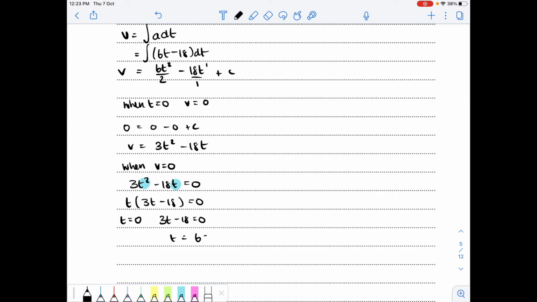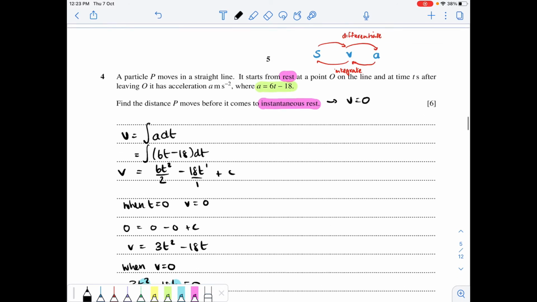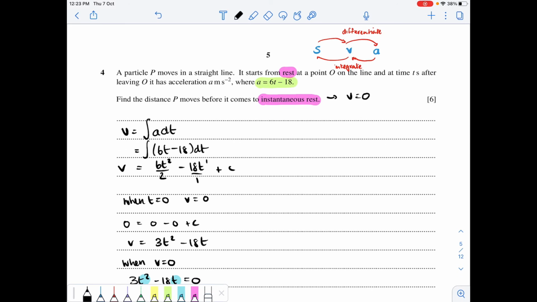So the particle is at rest at 0 seconds, and it's also at rest again at 6 seconds. So now at least we have the time at which we want to calculate the distance. We want to calculate distance, and in order to do that, we need to take our velocity function and integrate again. So we have velocity, we're going to go back another step and integrate.